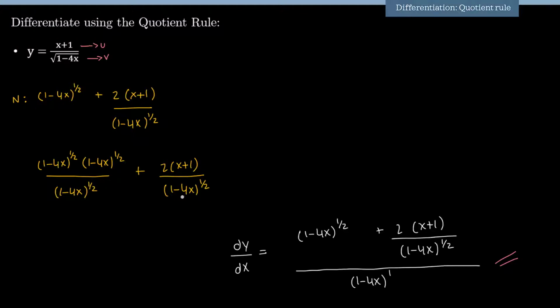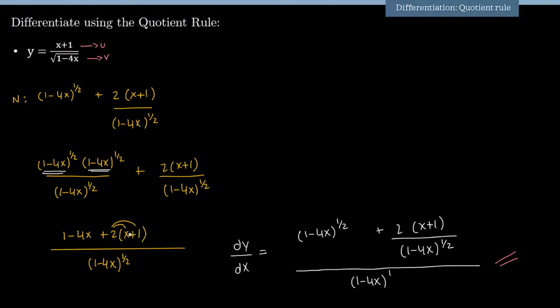Now after the denominator is the same, I can add these two, and so the denominator here would be 1 minus 4x whole power 1 upon 2. Now these two terms have the same base. When they get multiplied, their powers are going to get added. 1 upon 2 plus 1 upon 2 is just 1. So this is going to be 1 minus 4x whole power of 1 and then plus 2 times x plus 1.